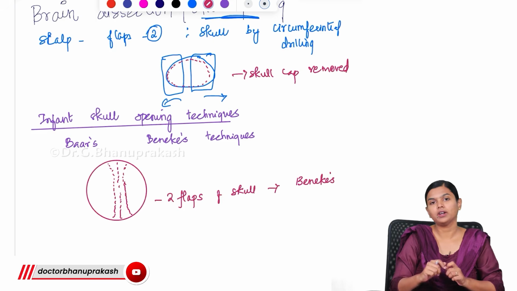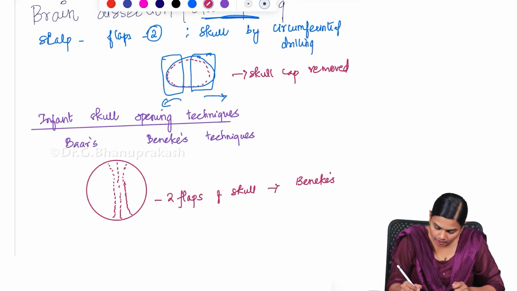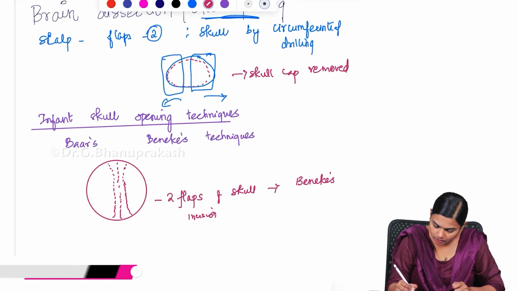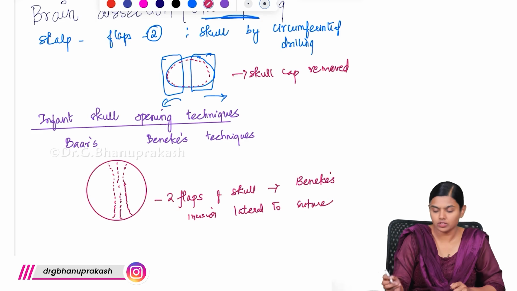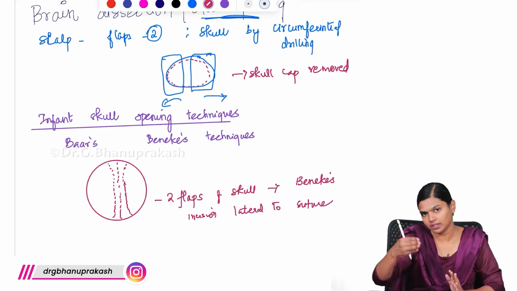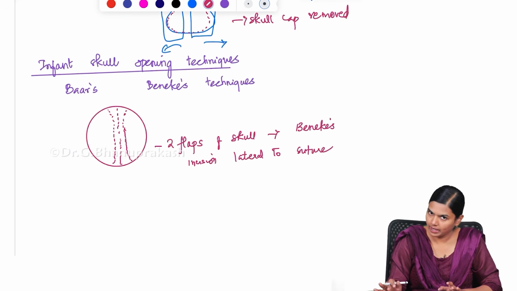So if you open it by making 2 flaps, by making an incision just lateral to the midline suture, and open the skull using 2 flaps, it is known as Wernicke's technique.